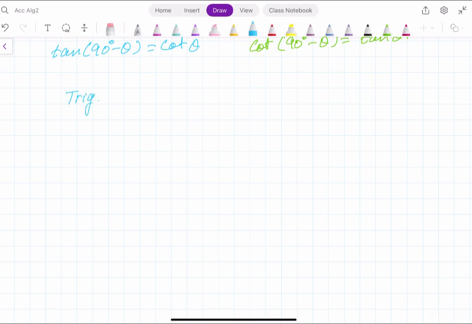Now, let's use some trig Pythagorean. We just did the regular Pythagorean, right? a squared plus b squared is equal to c squared. Let's apply that in the trig.